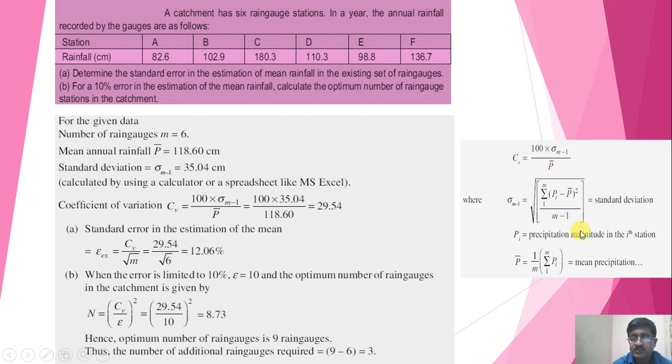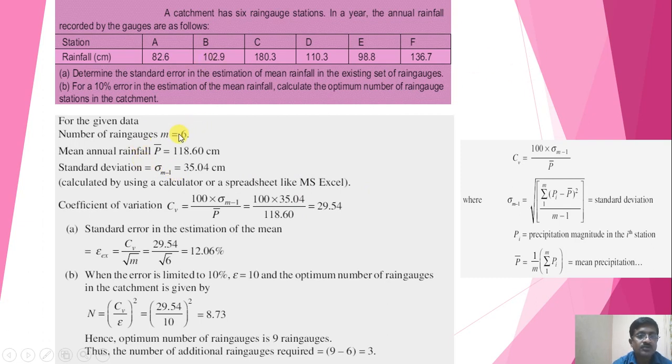So from this formula we can find the standard deviation, where pi stands for the precipitation magnitude at the ith position, and p̄ is 1/m times the summation of pi, which is the mean precipitation. You can calculate this value directly from the calculator because the statistical functions are there in the scientific calculator.